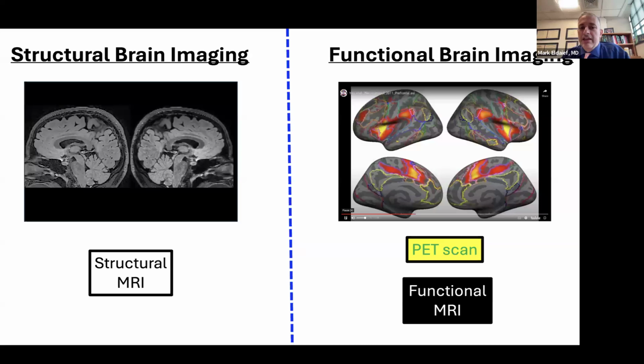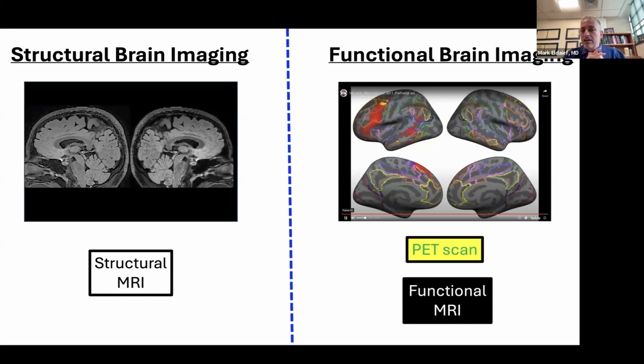You're actually trying to get some ascertainment of how the brain is actually working. So that could be where blood is flowing to different parts of the brain, or what parts of the brain are being activated by different tasks. The classic example is you could show someone a very powerful visual stimulus, like a flashing light or a flashing checkerboard, and you can see that the visual parts of the brain light up.